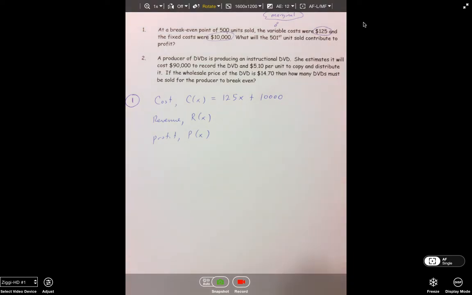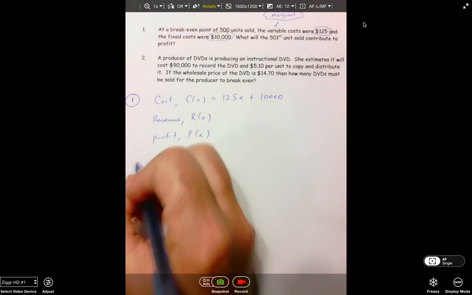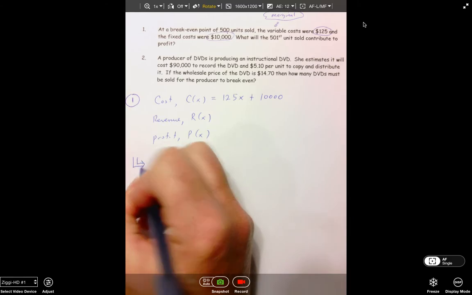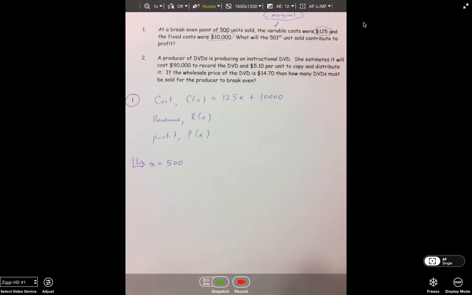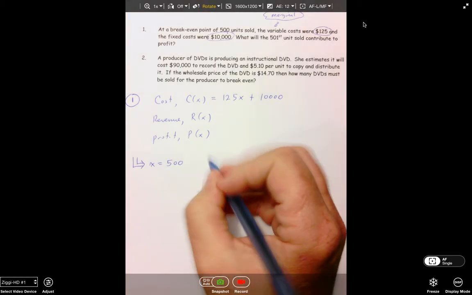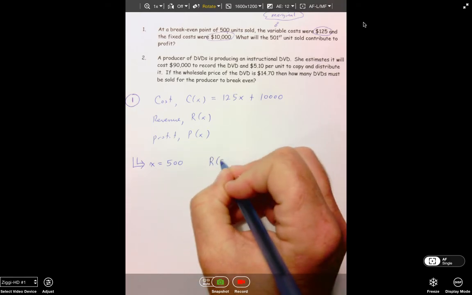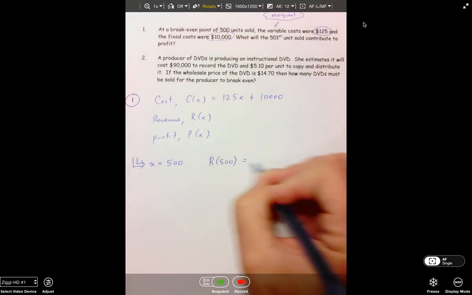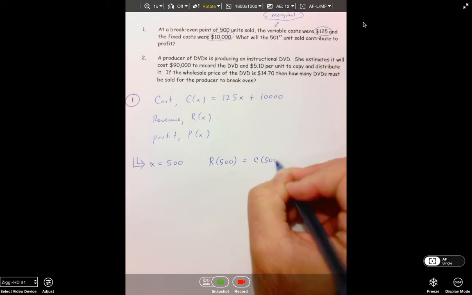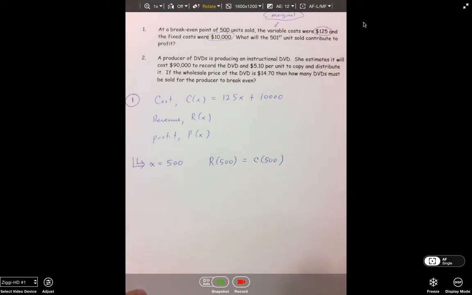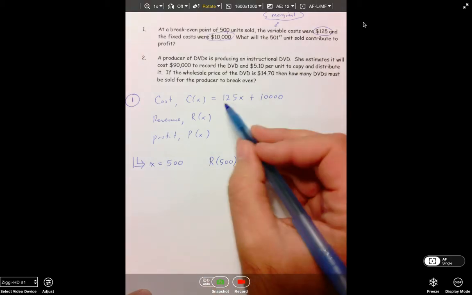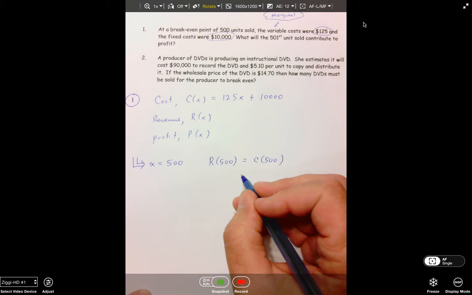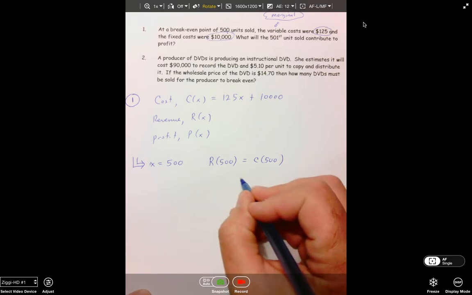and the fixed cost is 10,000. Now, what kicks in next is this quantity, 500, being the break-even point. Well, that tells me that my revenue at 500 is equal to my cost at 500. I don't know my revenue function, but I know my cost function is 125x plus 10,000.